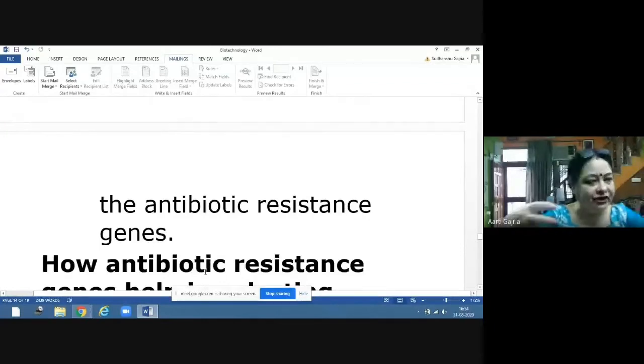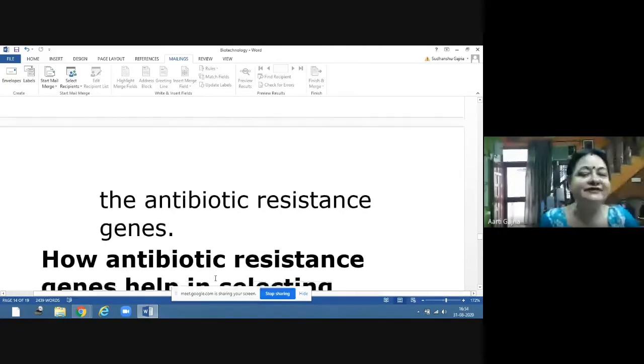Ligation is joining. So we want only one recognition site, and this one recognition site will insert the gene of interest, and after insertion of the gene of interest, we will have the recombinant DNA, and this recombinant DNA can be selected by the selectable markers, which are antibiotic resistant genes.